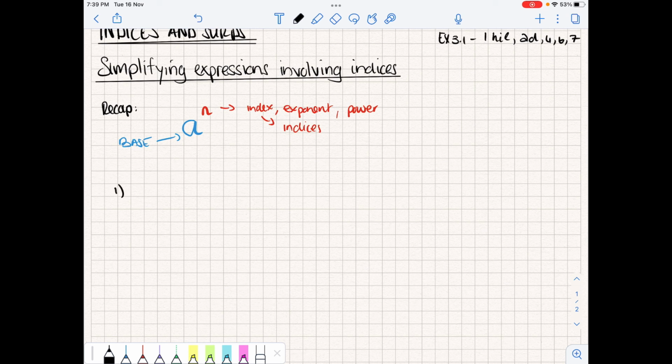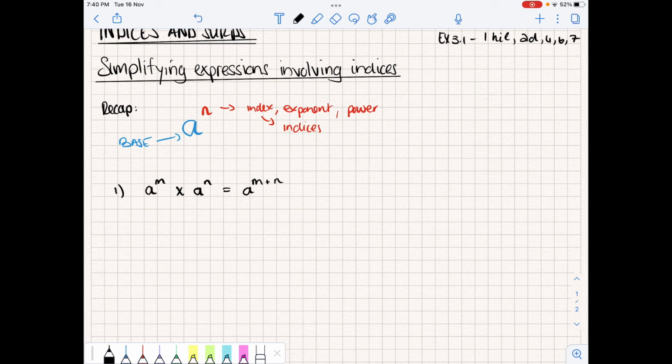So the first rule we would have learned when we studied the laws of indices was that if we have some number and we raise that power to another number and we multiply that by a number with the same base, raised to another number, to simplify the operations we can just add the exponents.